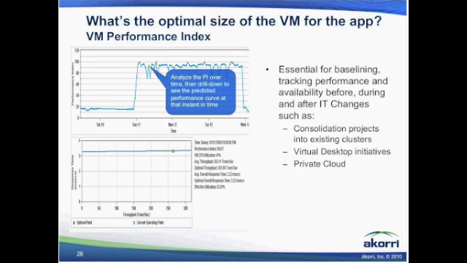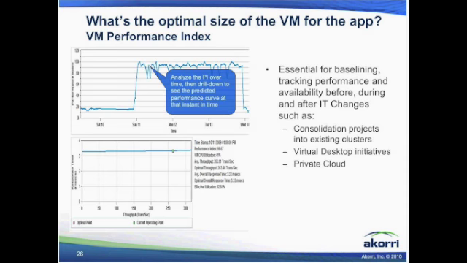And this is produced for each virtualized application running in a virtual machine, whereas the performance index was at the host level. So this enables performance optimization and capacity planning at the guest level.